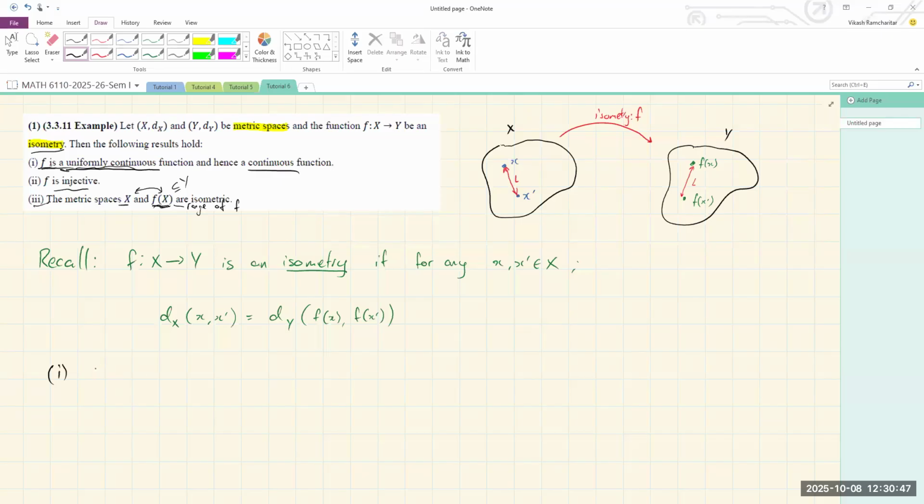That means for any epsilon, let epsilon be bigger than 0, and choose delta equal to epsilon in this case.